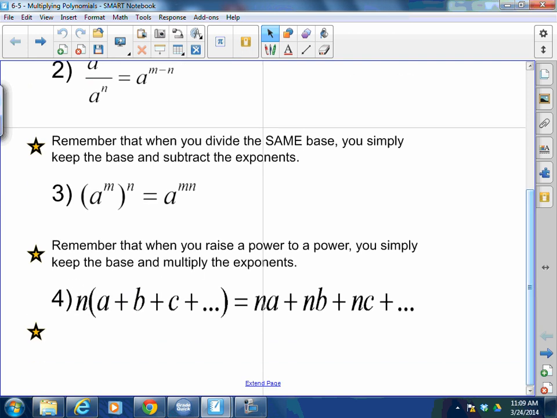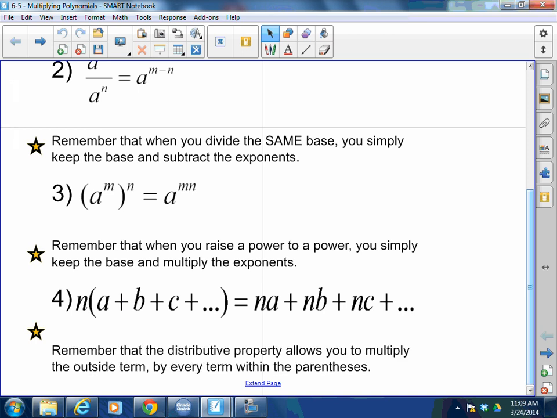This is the distributive property. The distributive property states that the outside number gets distributed, gets multiplied to every single value inside of the parentheses. It allows you to multiply the outside term by every term within the parentheses.